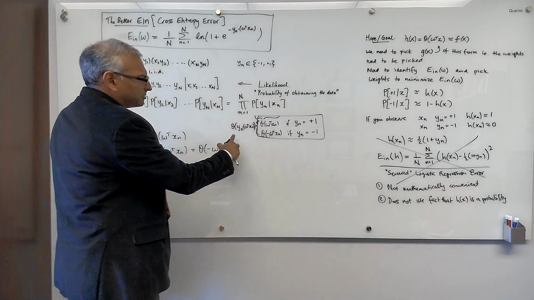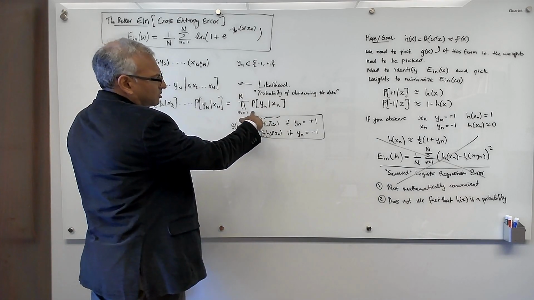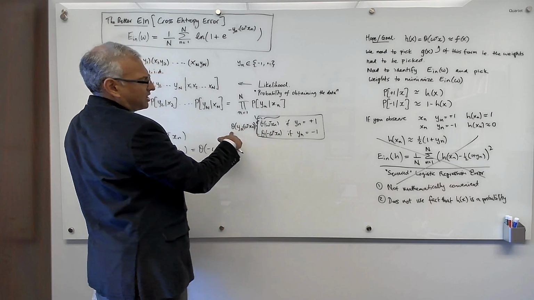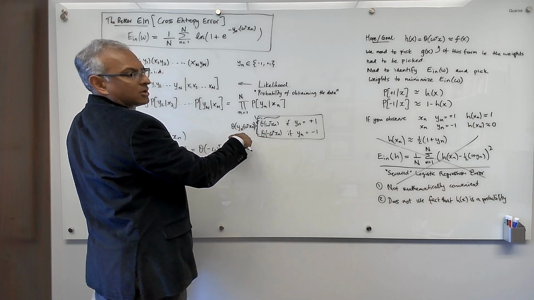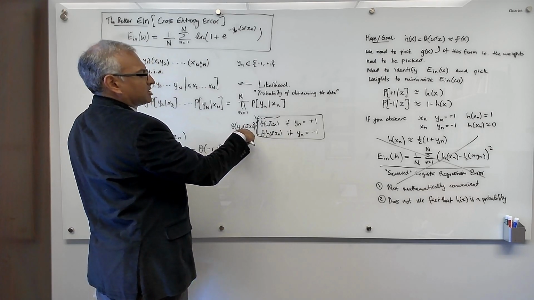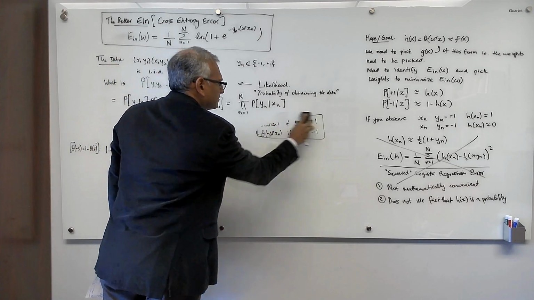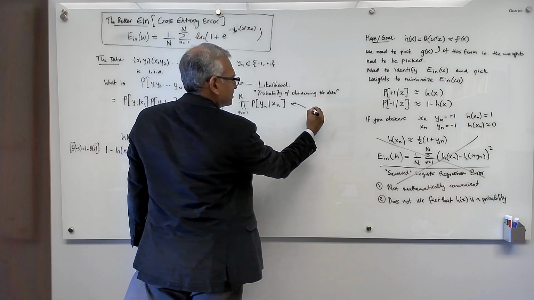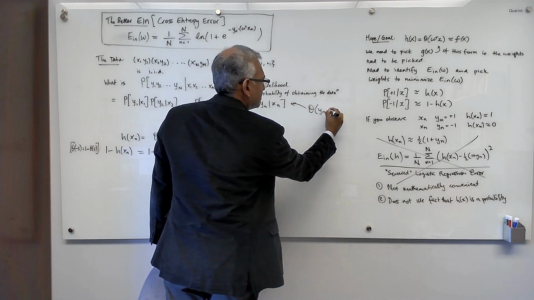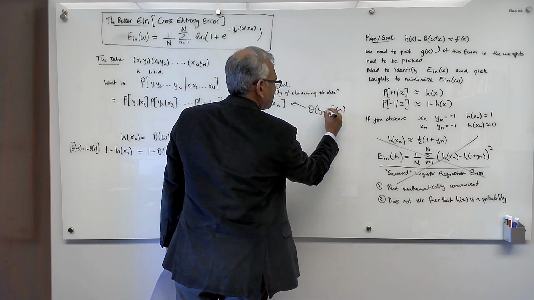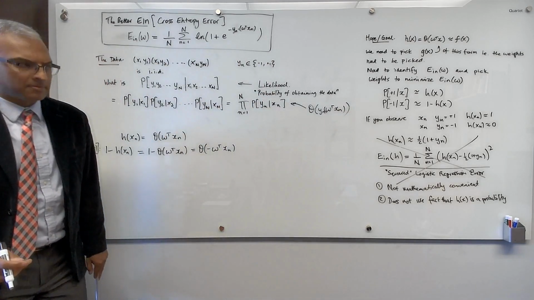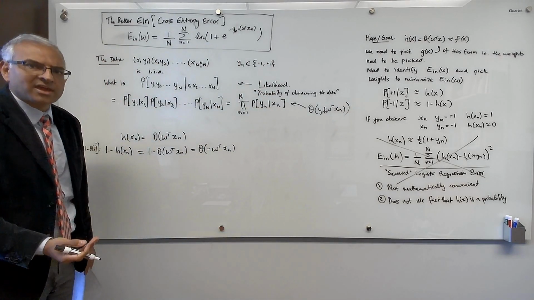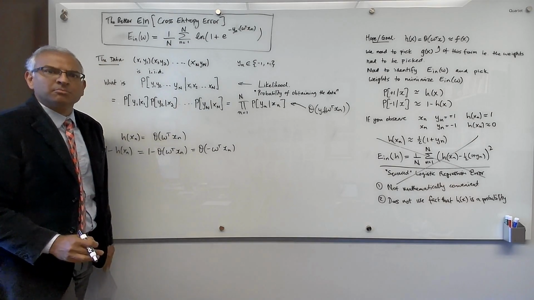So this means that we can replace the probability of yn given xn by theta of yn times W transpose xn. This guy here is exactly theta of yn W transpose xn. It's just a mathematical fact due to the choice of our sigmoid theta.